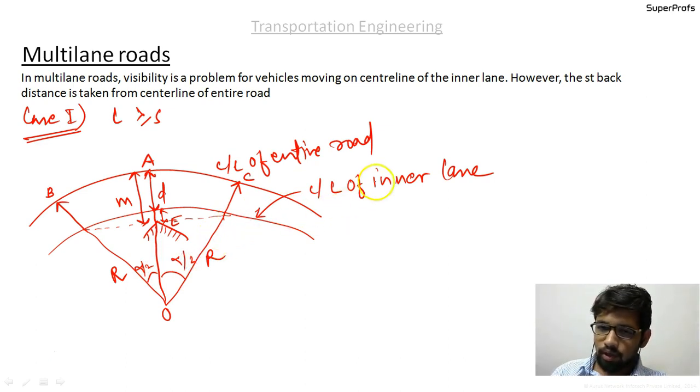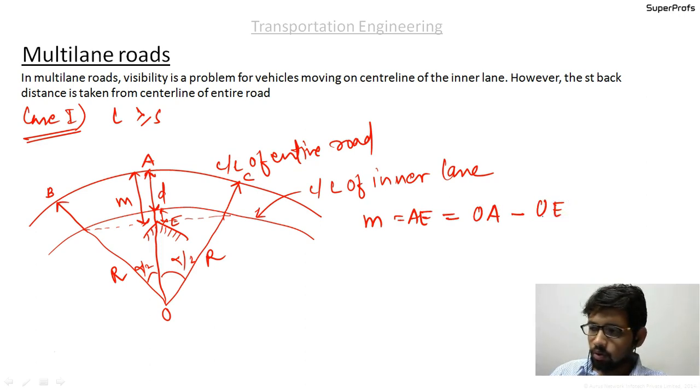So M is given by M equal to AE equal to OA minus OE.